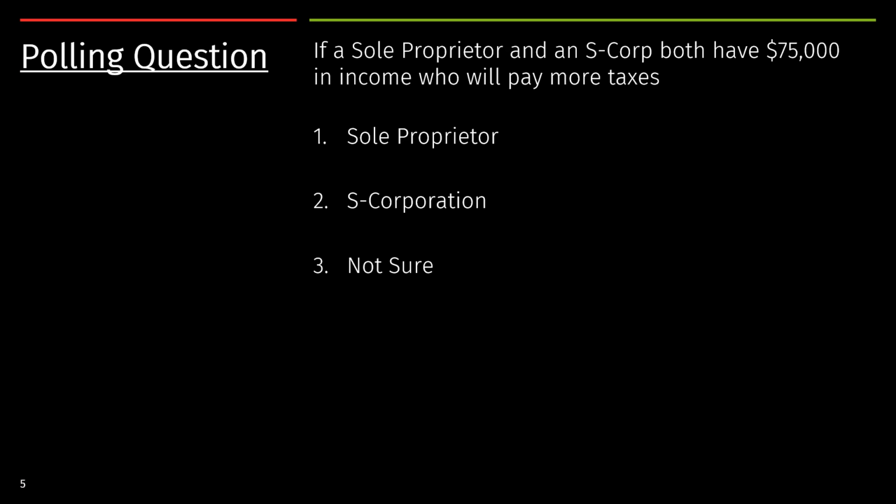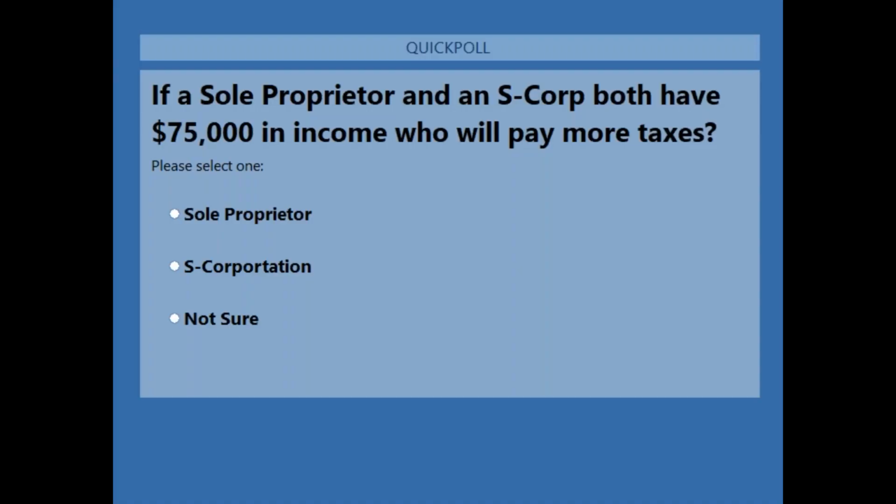So with all that being said, I just want to make sure that we're getting this first point across. I do have a polling question here. If a sole proprietor and an S Corp both have $75,000 in income, who will pay more taxes? Not who is going to save more on taxes, but who is just going to pay more on their taxes. I just want to open this up and make sure I've got my first point across.